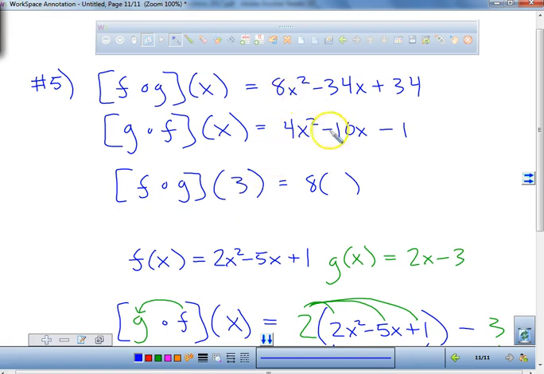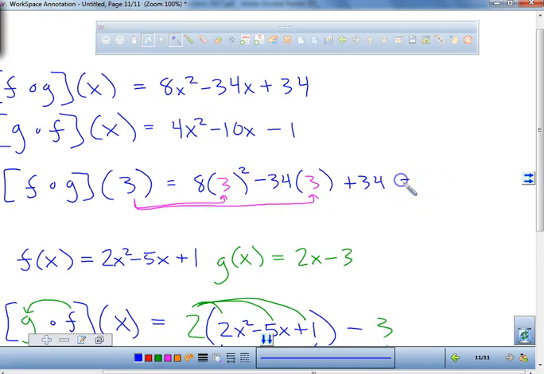So I'm going to take 8x squared, and instead of an x, I'm going to plug in a what? A 3. And then I'm going to say minus 34, open parentheses, and once again, I'm going to plug in a 3. And then I'm going to add 34. And so you have a calculator, you can simply plug that in. I'll show you right now.